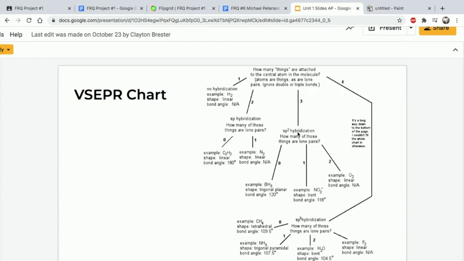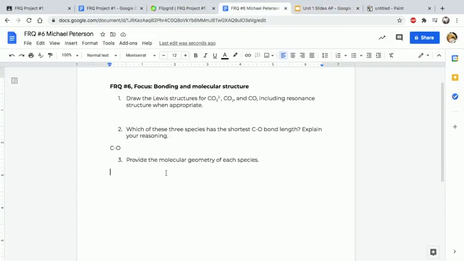So we go down here, and because there are no lone pairs, we can see that it would be trigonal planar. So CO3 would be trigonal planar.